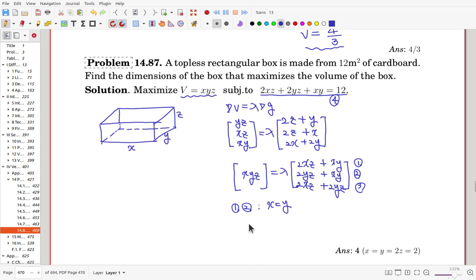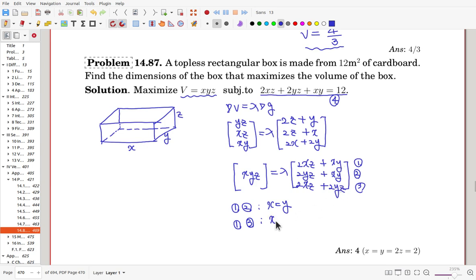Now from 1 and 3, we get that xy must be 2yz.